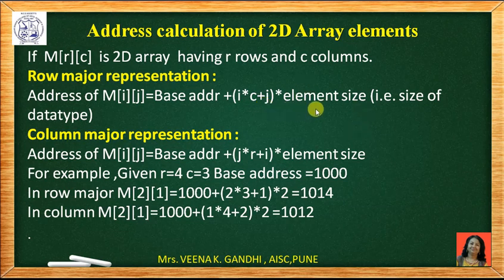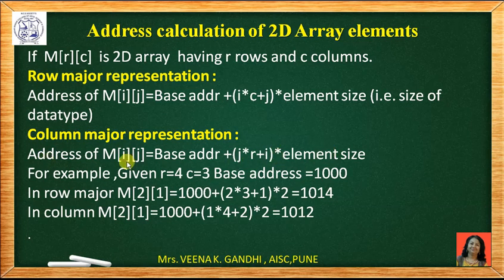You can say int type, float type, size of int, size of float, like that. In column major representation, address of M of ij equals base address plus j subscript into number of rows plus i subscript, into element size.